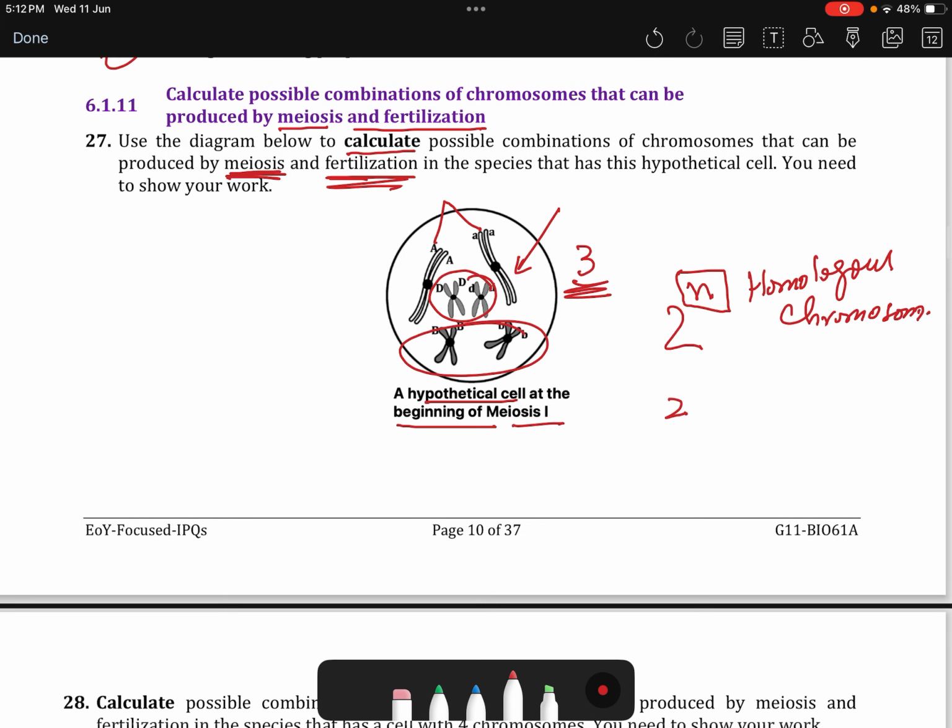So 2 to the power 3 for the meiosis, and then times 2 to the power 3 for fertilization. So 2 times 2 times 2, then 2 times 2 times 2, so it will be 64.